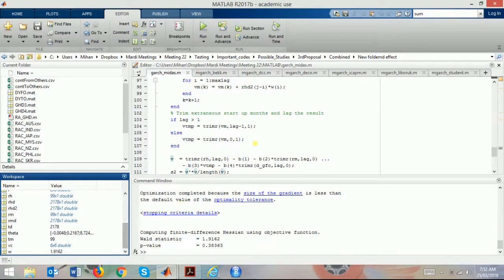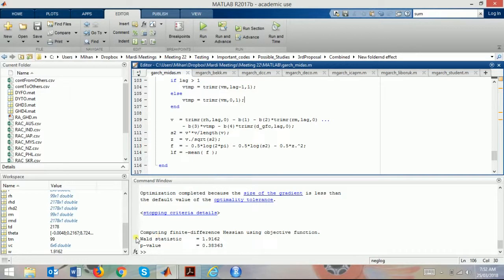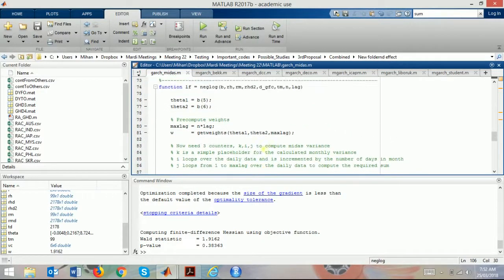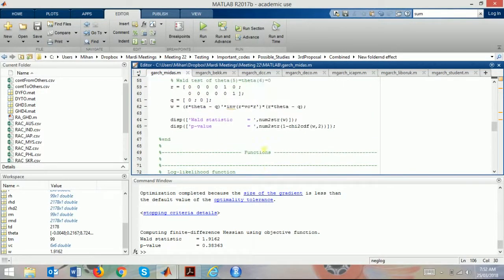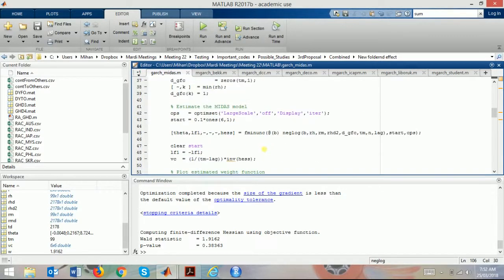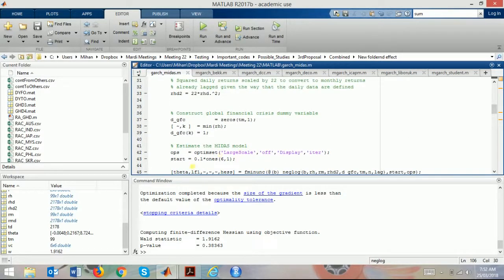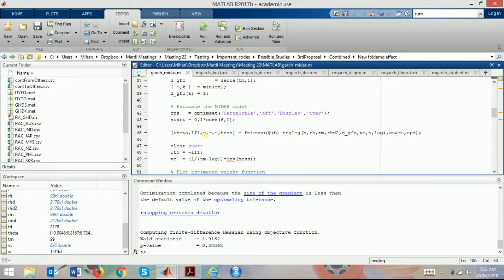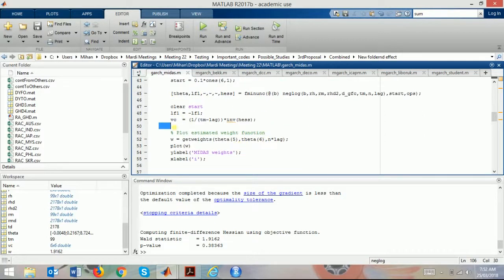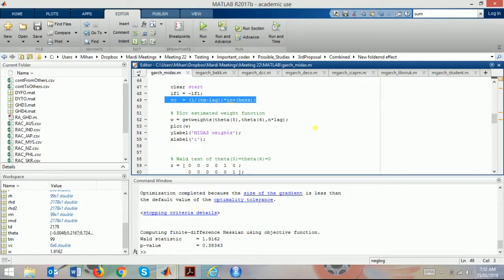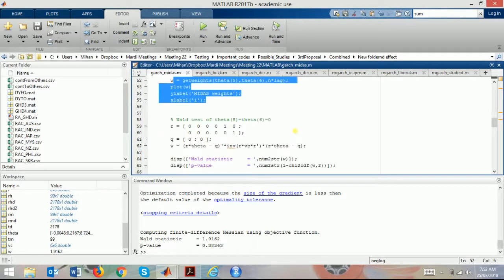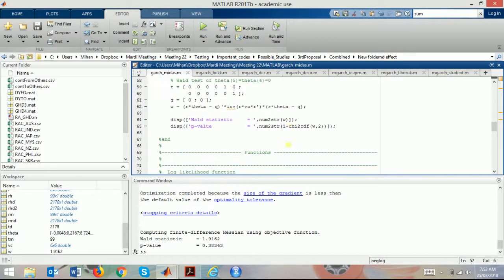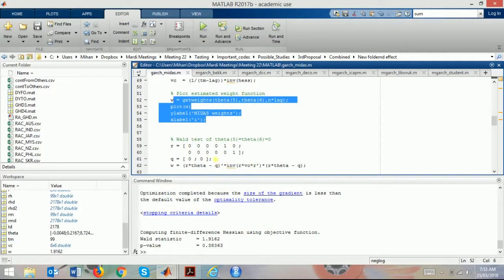Have we found V? For some reason, okay, that is within the log likelihood function. Oh, I missed that part. So we optimize. After optimization, 1 divided by 10 minus lag multiplied by the inverse of the Hessian, and we plot the Midas weights and we do our test. That's all.